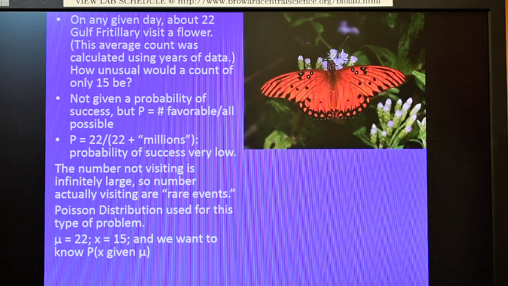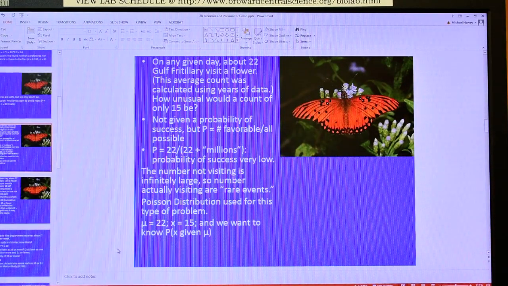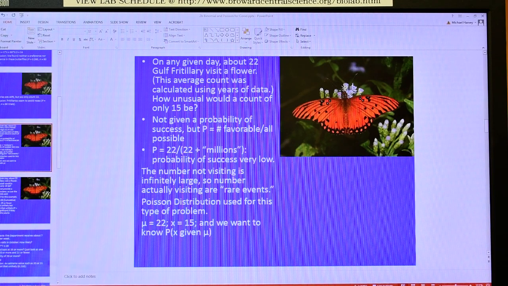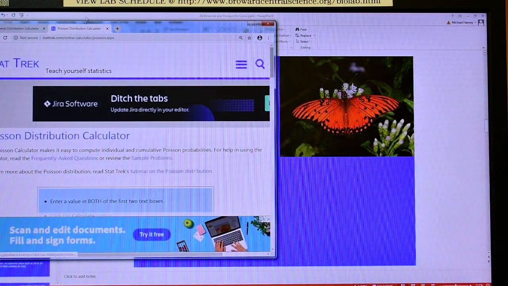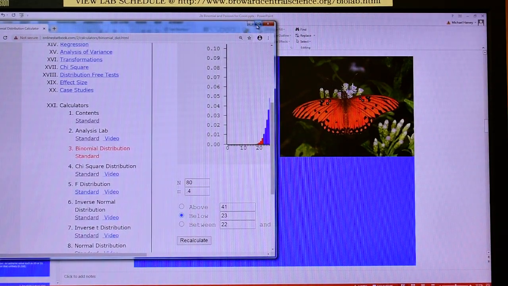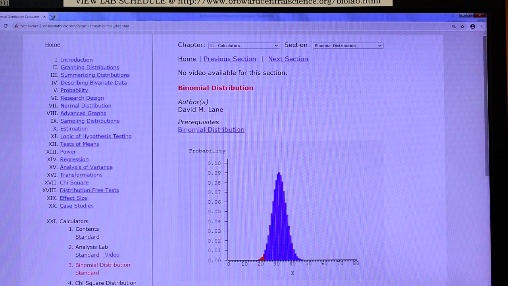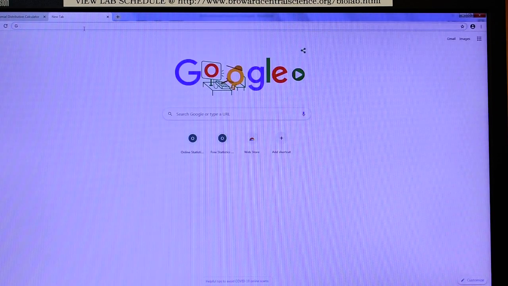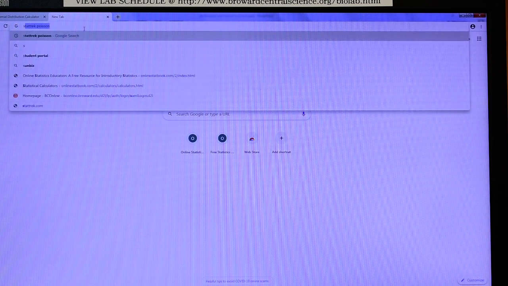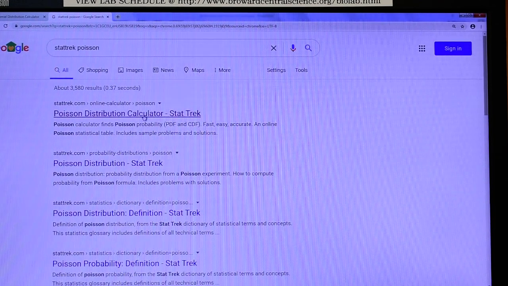Lane explains the Poisson distribution, but he doesn't provide a calculator for you to use. If you look here, you're not going to find a Poisson calculator. So what we use is a calculator at a website called StatTrek. If you type in StatTrek Poisson, you can just click on it here to find the calculator.